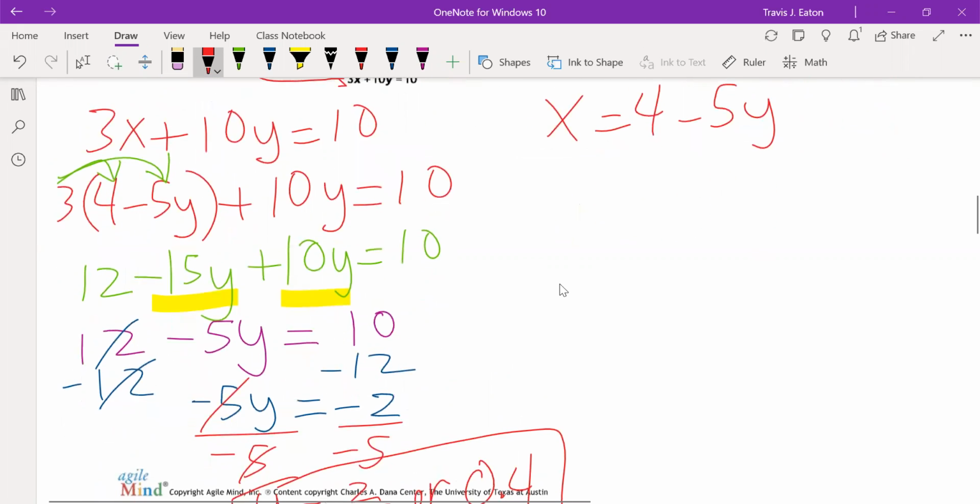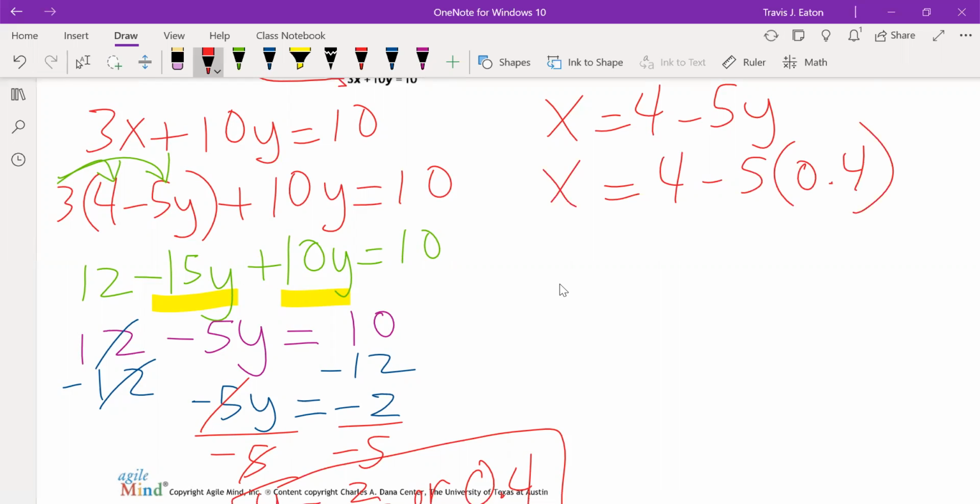And we determined that y is 0.4. So x equals 4 minus 5 times 0.4. We could use the fraction 2/5 if we wanted to, but either way, 0.4 times 5 is 2. So this becomes 4 minus 2 equals x. And so that means that x is going to be 4 minus 2, which is 2.